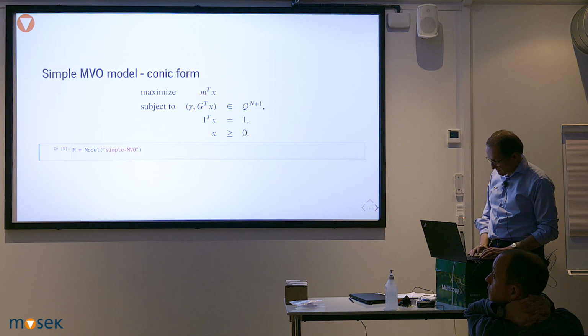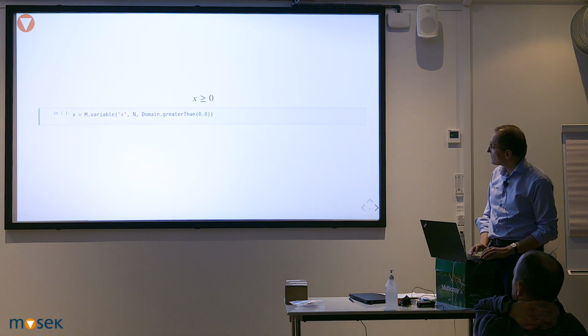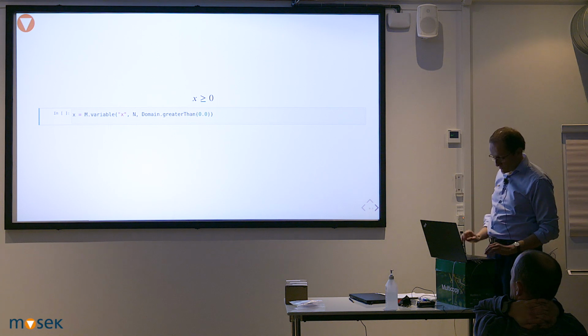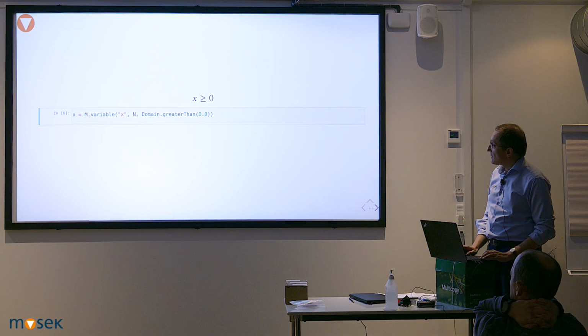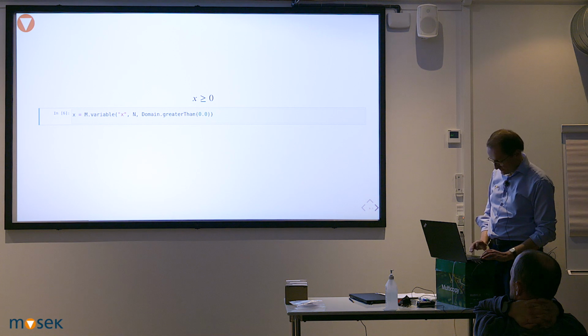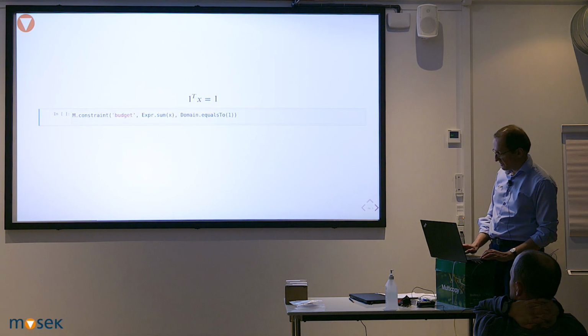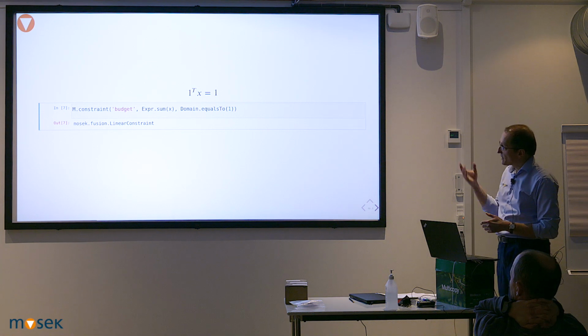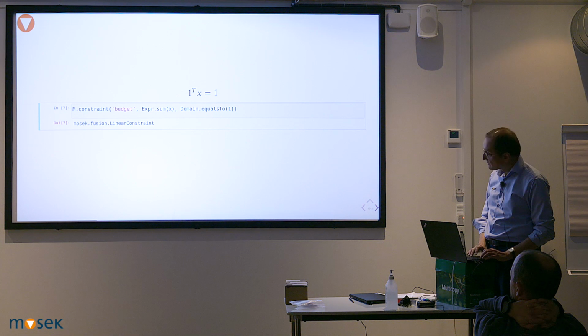I'll just start by making an empty model. And then, of course, every constraint has a translation into something in Fusion. I have a positive variable of length as many as I had assets. I have the sum that equals 1. These are weights. It's a linear constraint.